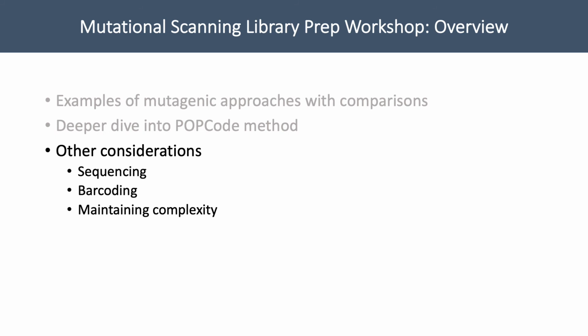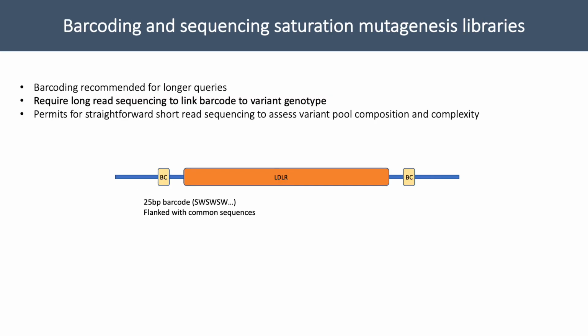So lastly, I just want to touch on a couple other factors that I think are important to consider when designing your library prep strategy. The first being whether or not you should add DNA barcodes to your libraries.